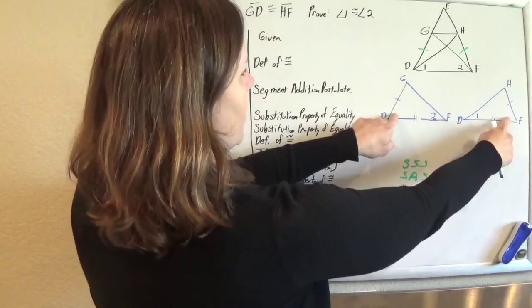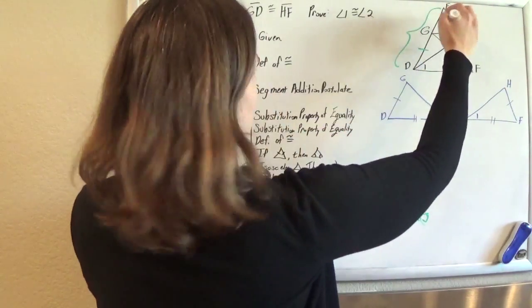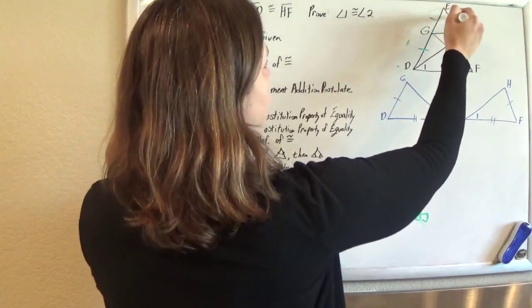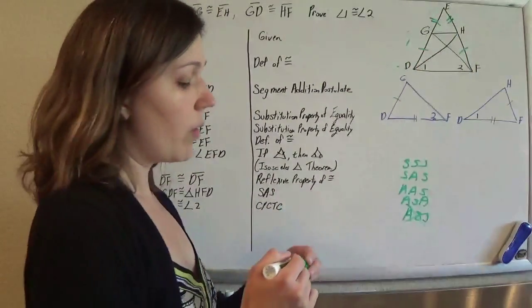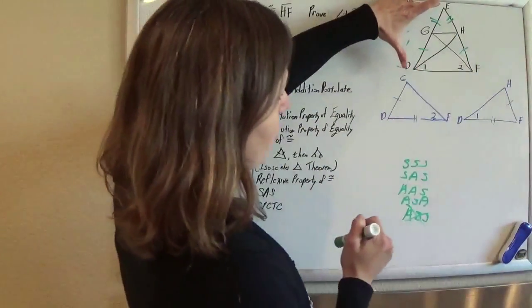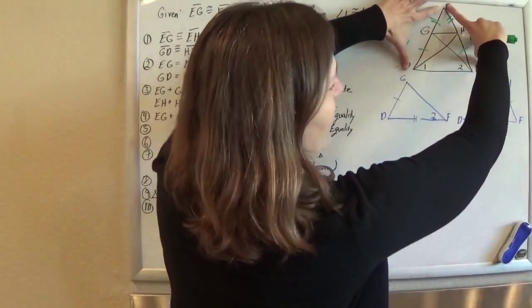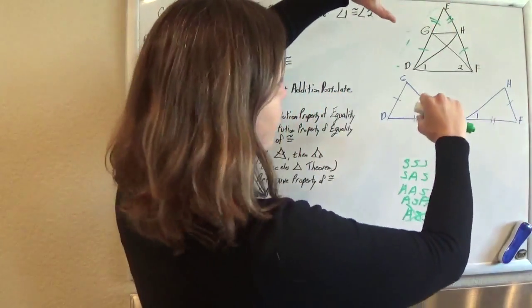Well, they did give me another piece of info: that this little thing is congruent to this little thing, EG and EH. So if these little bits are congruent, then these whole sides are going to be congruent, because if I add congruent pieces, I'll get congruent segments.